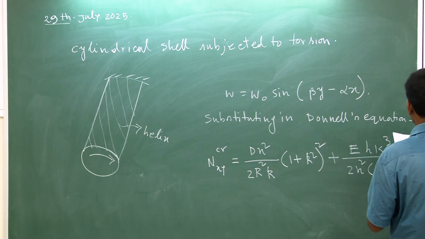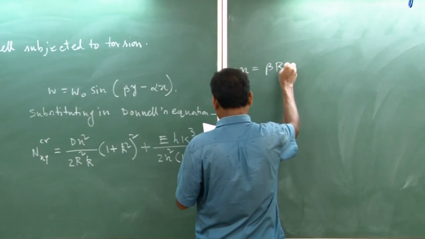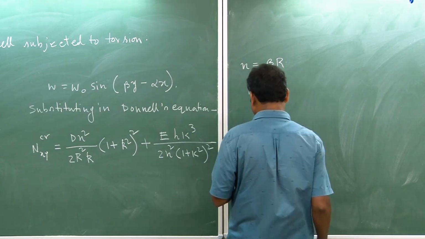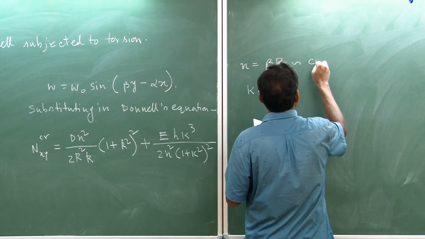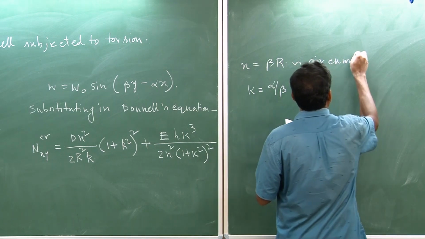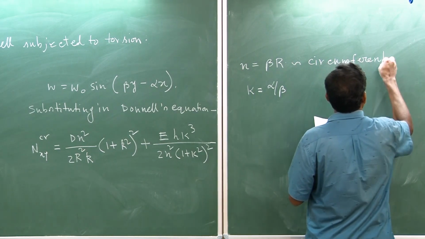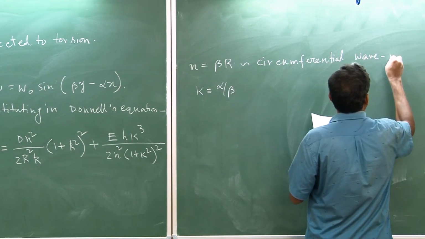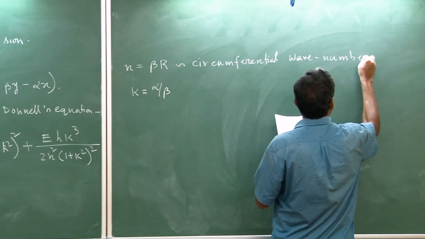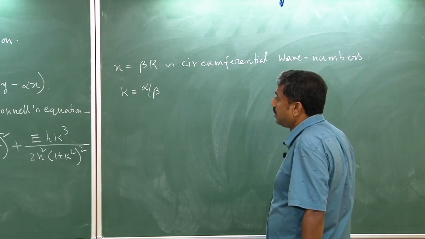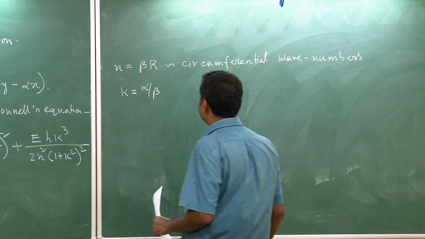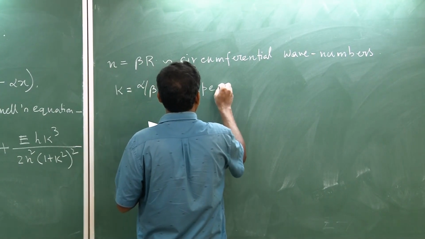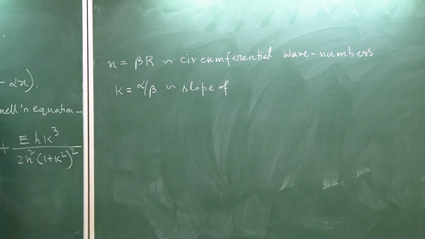Where n is beta by alpha, circumferential wave numbers, okay, beta, and k is kappa, the slope of the helix. Slope means this one, okay.